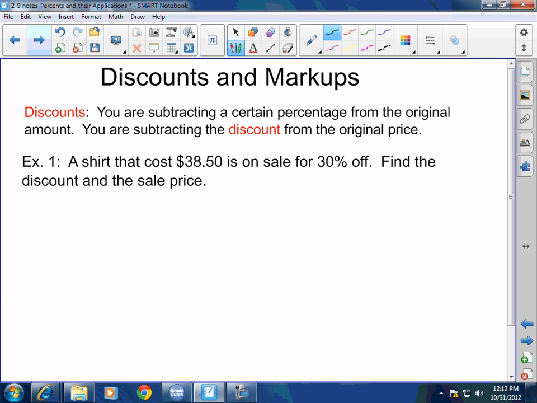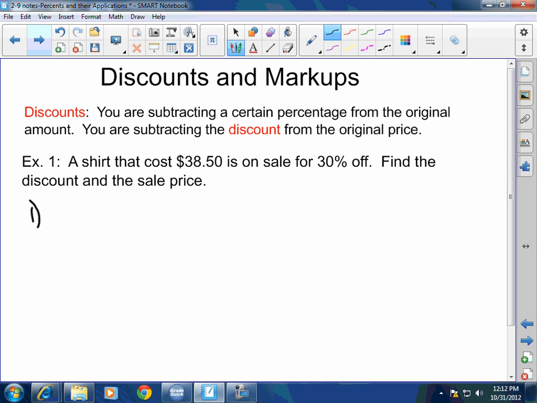Example 1, a shirt that costs $38.50 is on sale for 30% off. Find the discount and the sale price. Okay. First thing you got to do is you got to find the discount. It's 30% off, right? So they're going to find 30% of $38.50 and they're going to subtract it.